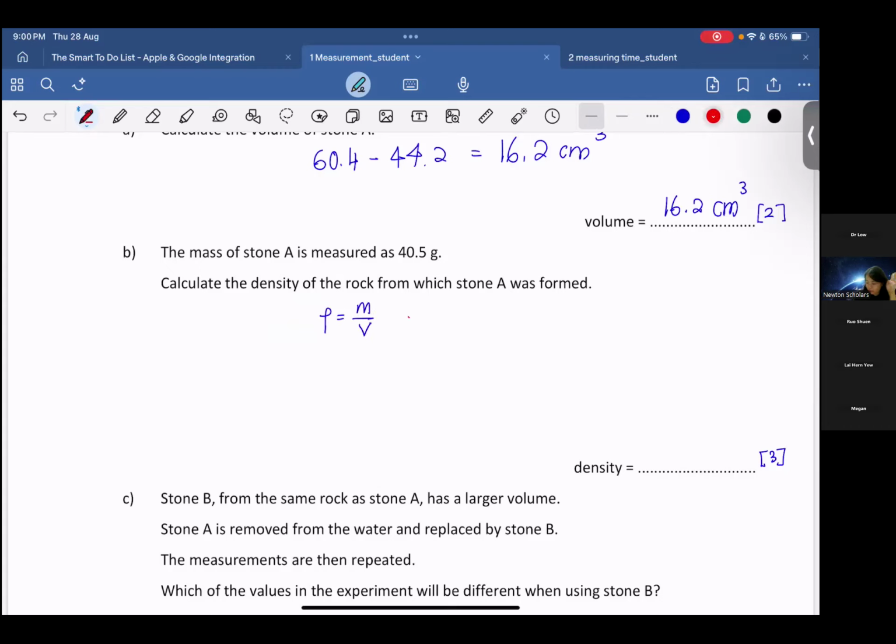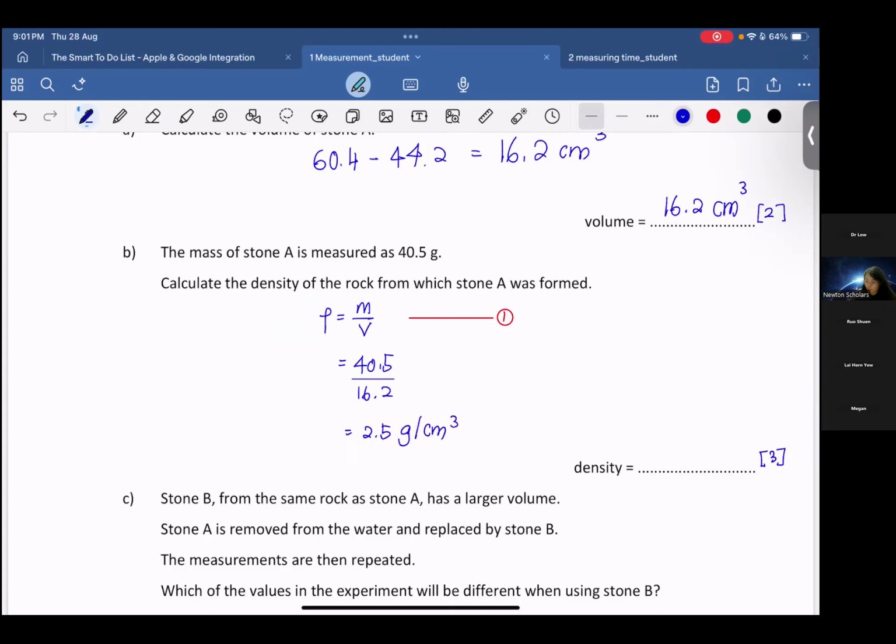Formula will give you 1 mark, because in your IG they didn't provide a formula list, so they expect you to memorize all the formulas. Then this one is 40.5 divided by the volume. The volume for stone A, just now we already calculated 16.2.